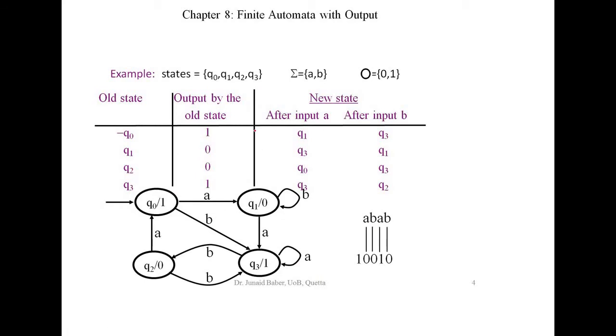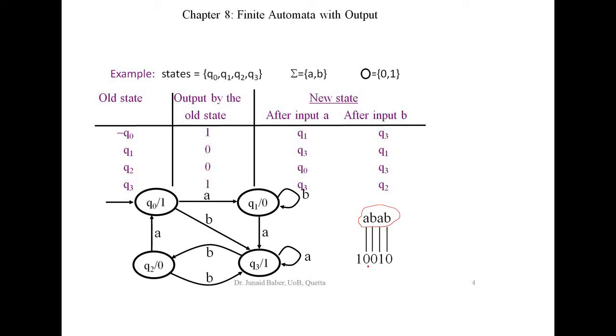So let's say my input string is AB. If I'm on Q0 and I get A, then I get to state Q1 and the output is 0.